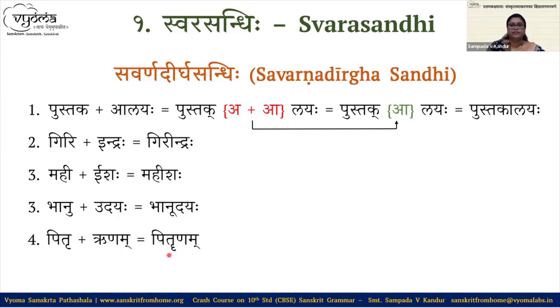Okay. Now, Shruti, I'll give you some more examples. You have to solve it. Okay. Ready? Yes, ma'am. Alpa plus aparadha, Alpaparadha. Very good. Muni plus indraha, Munindraha. Very good. Mahi plus ishaha, Mahishaha.